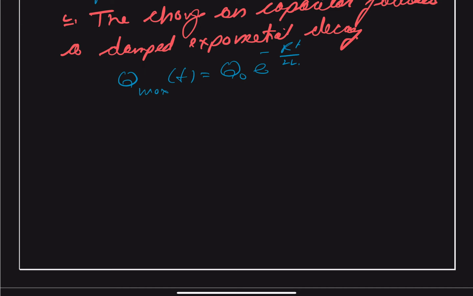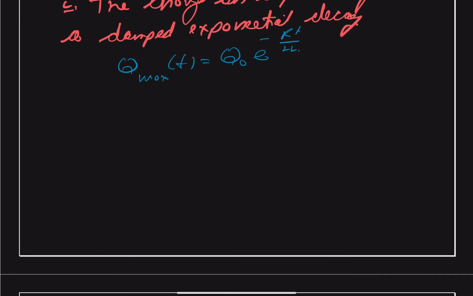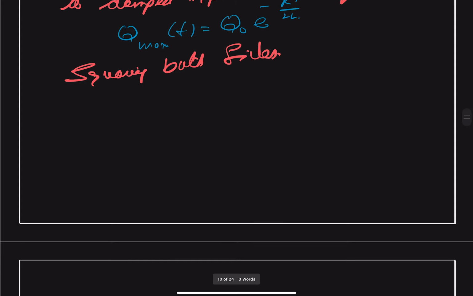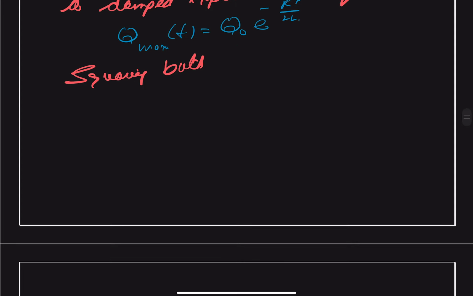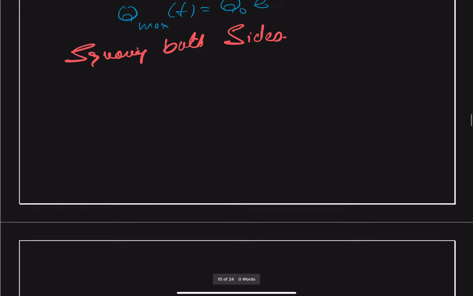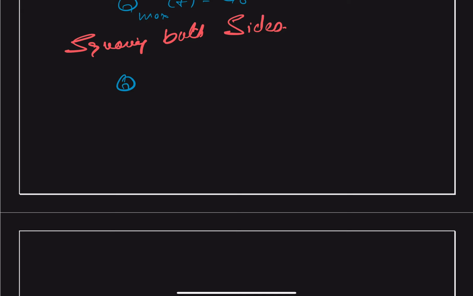Now if you square both sides, because we are interested in the square of this maximum charge, we get Q square max will be equal to Q naught square e raised to power minus R upon L multiplied by T.